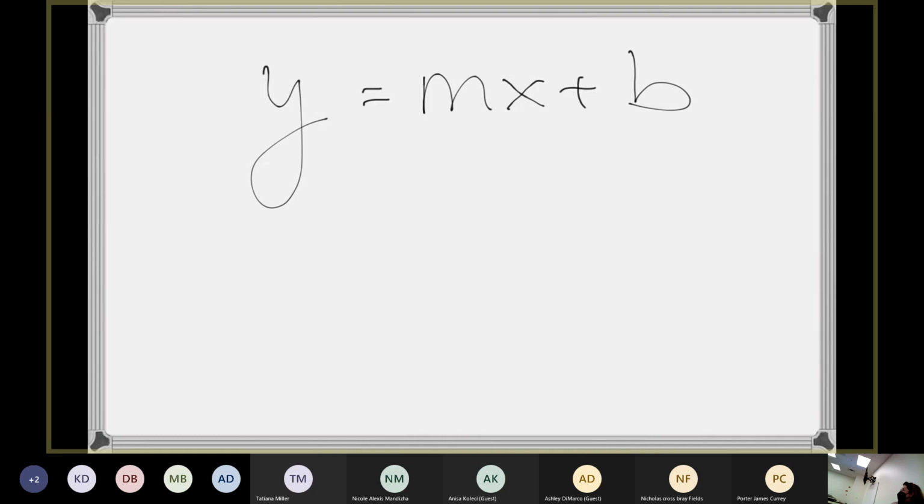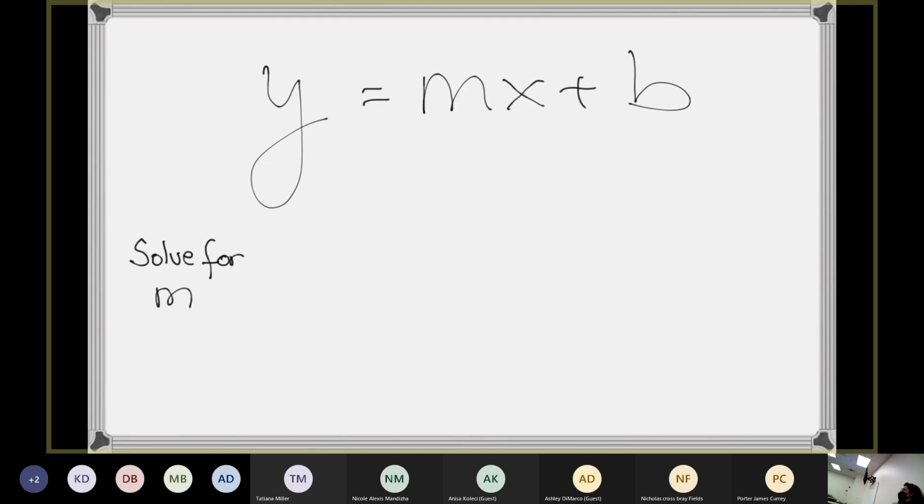That is beside the point right now. Here's our formula, and I want you to solve for what? M. Why not? Solve for M. Any thoughts? Solve for M.